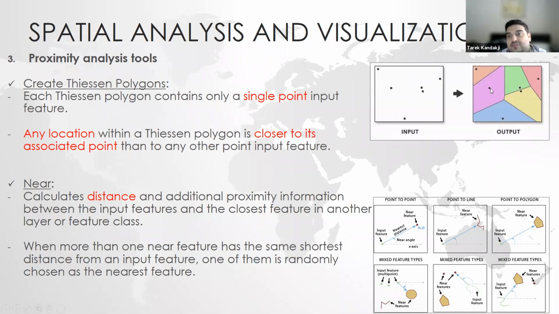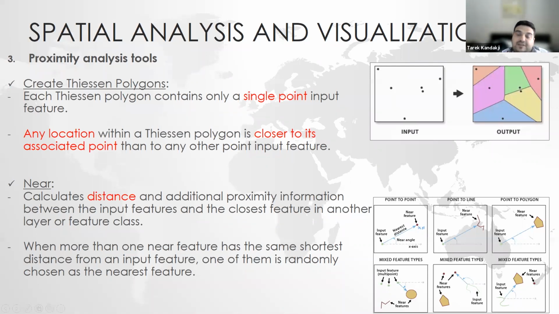Another example, let's say these are hospitals, and those are polygons. So for any emergency case within this polygon, the closest hospital is this one. Same for here. If an emergency happened anywhere inside this polygon, the closest hospital that should be responsible is this hospital here.